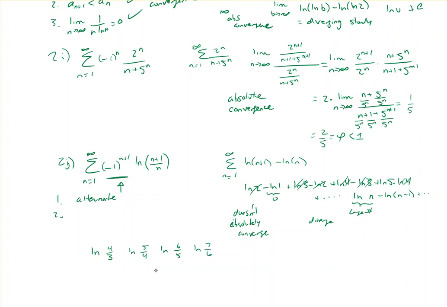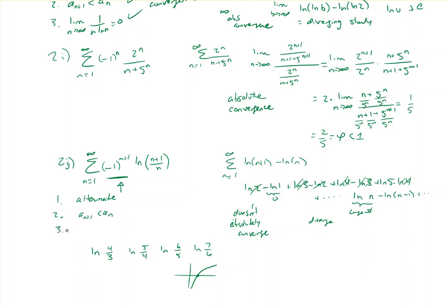Is it getting smaller? Well, what are these numbers doing? The argument, the thing we're taking the ln of, is getting smaller every turn. It's getting closer and closer to 1. If we think about the graph of the ln function, here's where it's at 1. And if we're at 7/6, that's closer than 6/5 was, which is closer than 5/4 was. So as we get closer and closer, sure enough, it is getting smaller, closer and closer to 0. So therefore, a sub n plus 1 is less than a sub n.